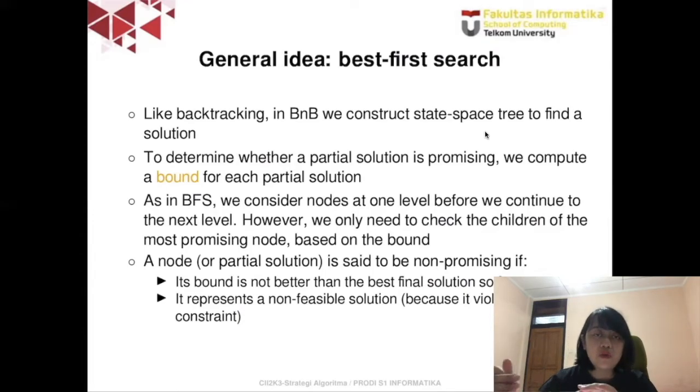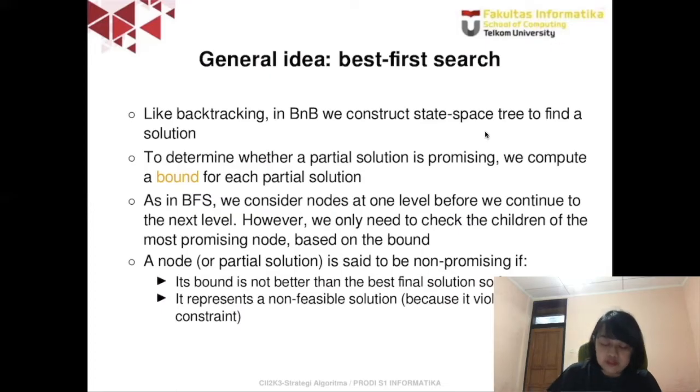To determine whether a partial solution is promising or not, we compute a bound for each partial solution. Like in breadth first search, we consider nodes at one level before we continue to the next level. But for best first search, we only need to check the children of the most promising node based on the bound.